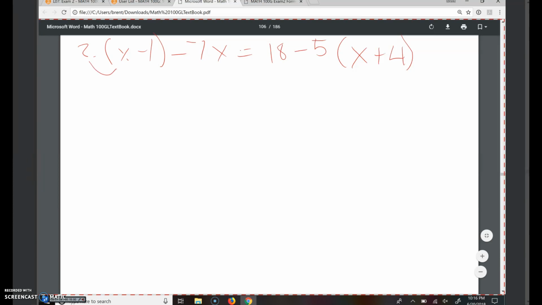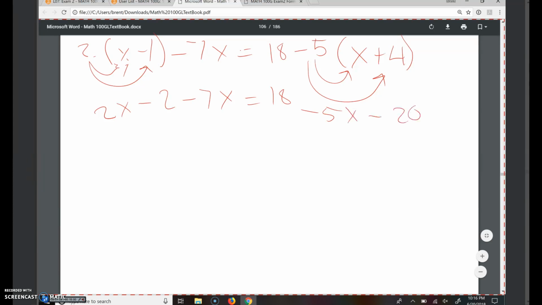We're going to distribute the 2 to both of these. So we have 2x minus 2 minus 7x equals 18, and then distribute the -5 to both of those. So it'll be 18 minus 5x minus 5 times 4, which is 20.